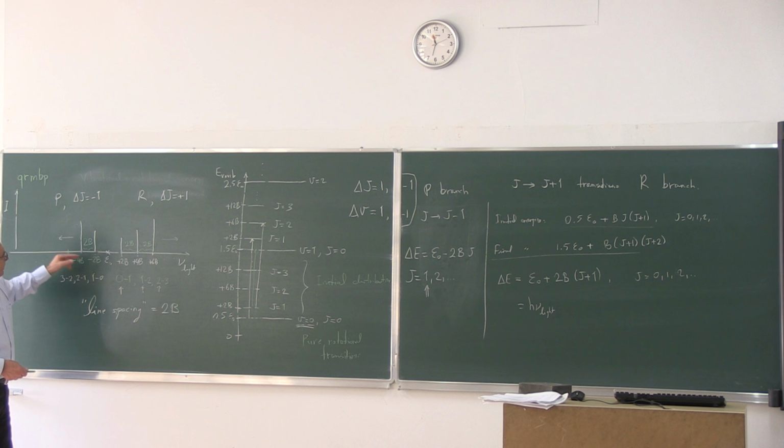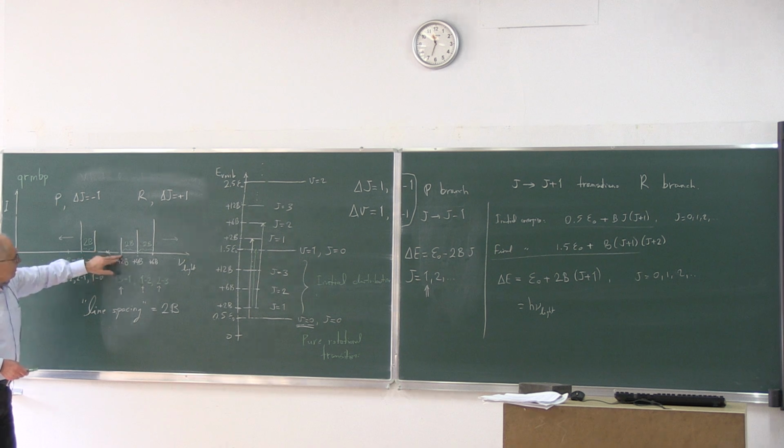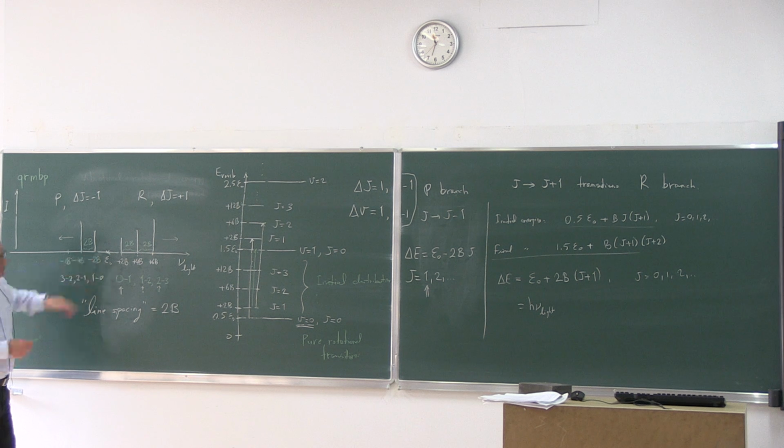But notice that the line spacing is 2B until here, to this point. Then this plus 2B gives F0, but F0 is not allowed. So the line spacing at the center is this value minus that value. What is it? 4B.